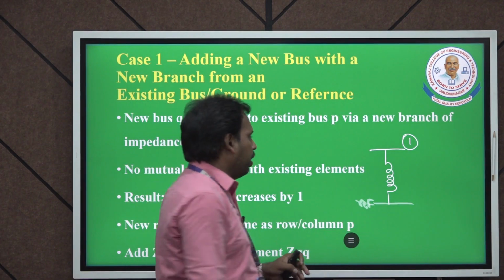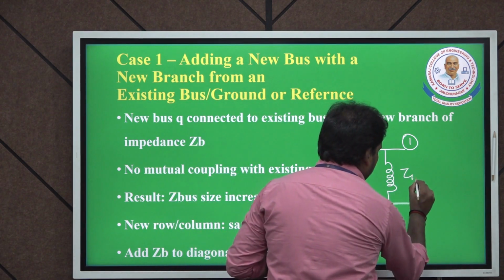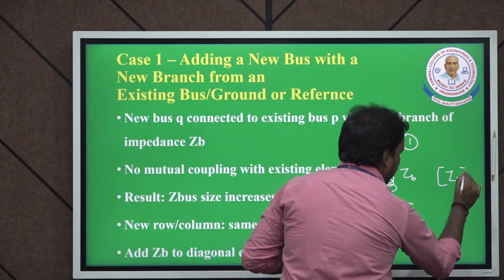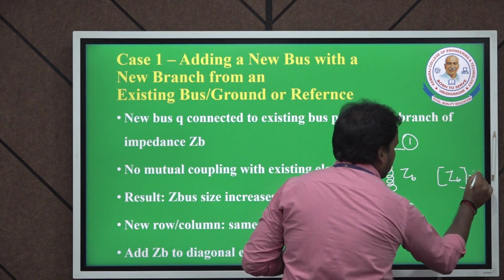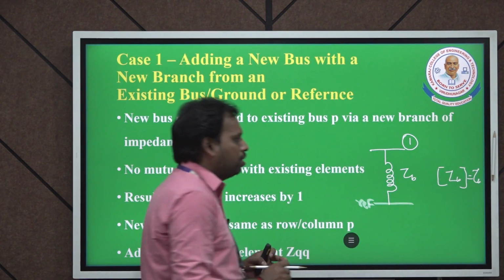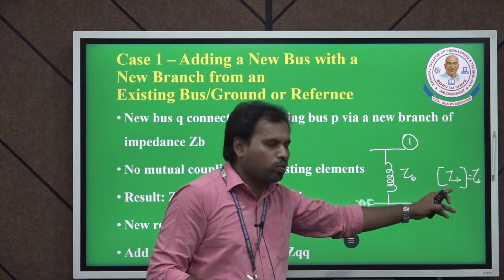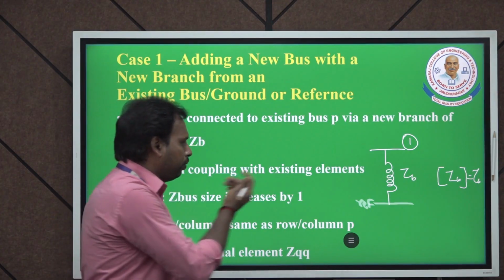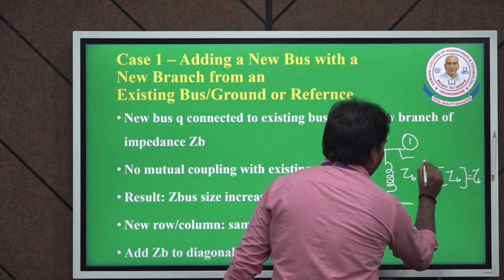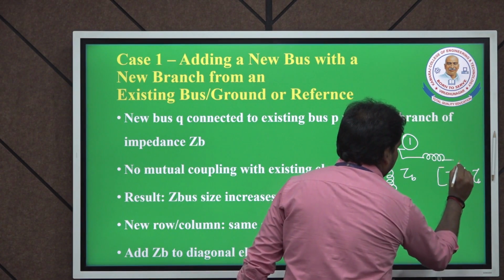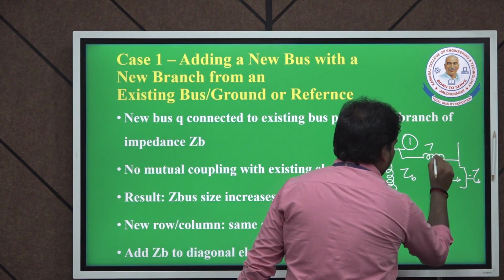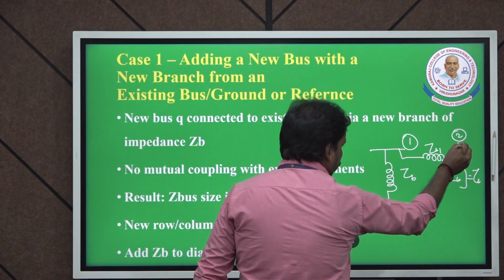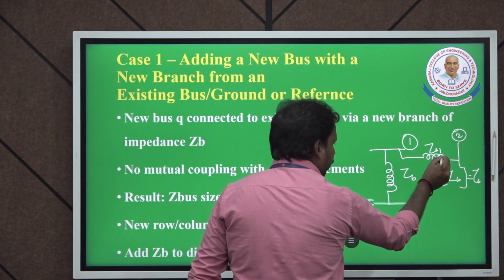This is the case. Initially the matrix will be ZB, which is the Zbus, only 1 cross 1. If we add another branch ZB1 to bus 2, here this is the new bus and this is the old bus with a new branch.